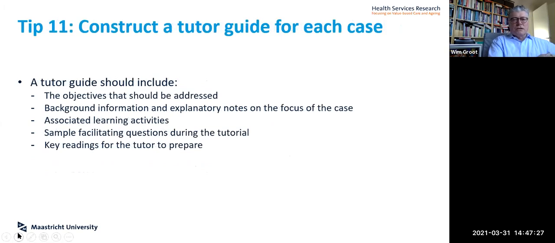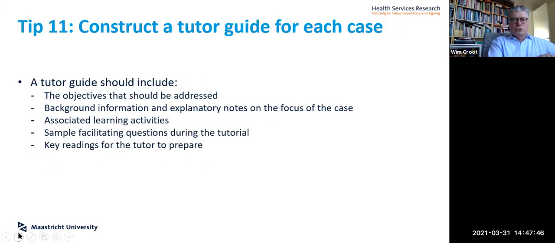The one but last tip is to construct a tutor guide for each case. That's very important as sometimes you have, of course, tutors who are not specialists in the specific field of the cases or the block.